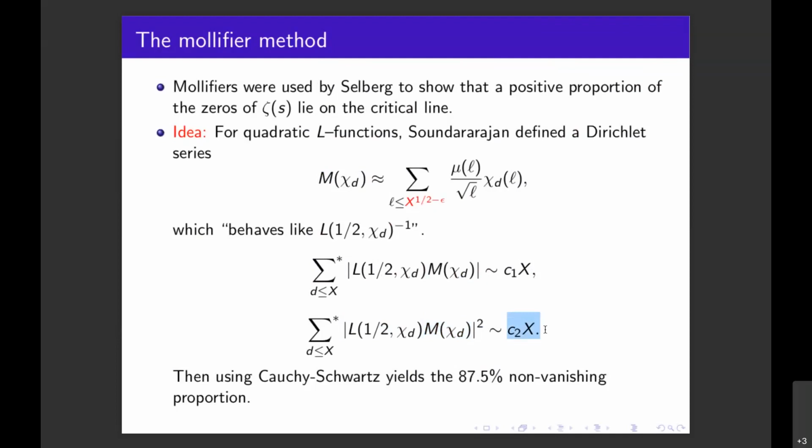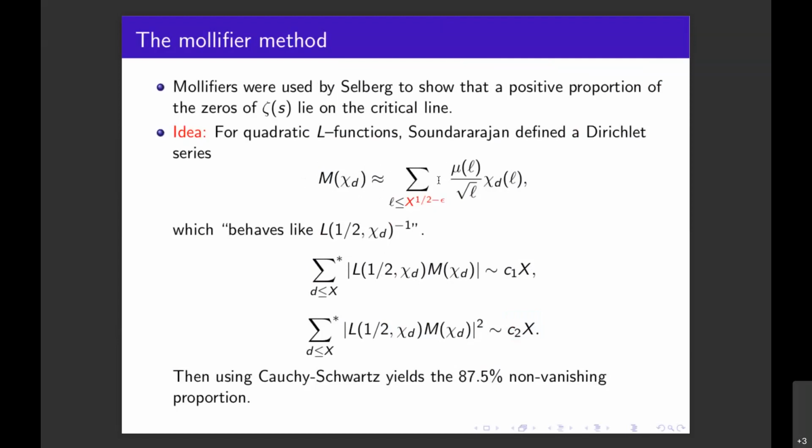So the question is, how do we define the mollifier? With this heuristic in mind, that you want the mollifier to behave like the inverse of your L-function, you can define it as a series over integers l going up to some point which depends on the size of the conductor. In this case, you can go up to roughly square root of x.